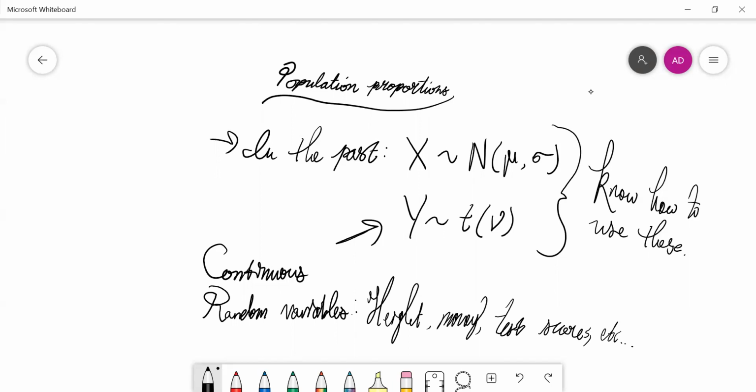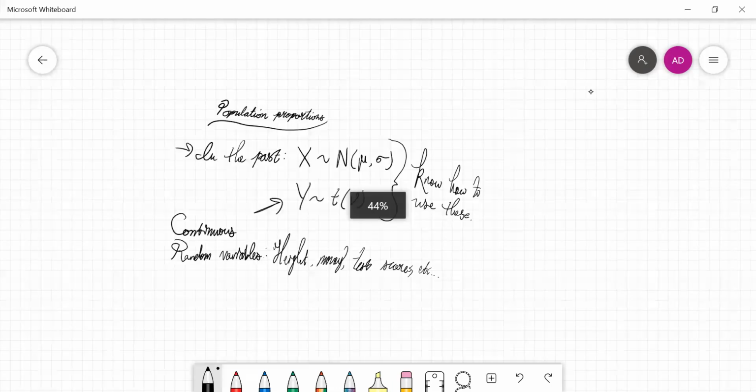But now it comes down to, what if we wanted to use something like a binary random variable?